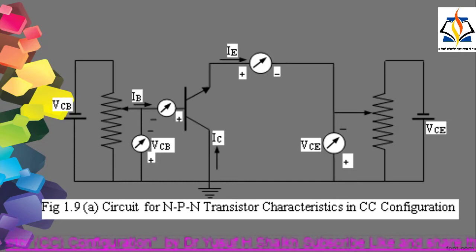A voltmeter of sufficient range is connected across collector emitter terminals to measure the collector emitter voltage VCE, and a milliammeter is connected in series with the emitter to measure the emitter current IE.